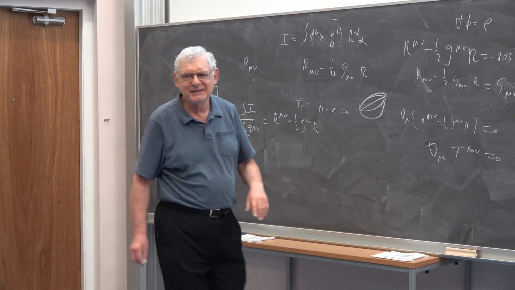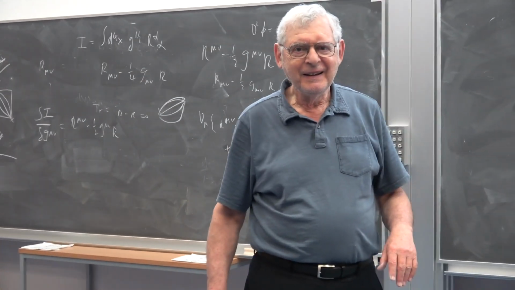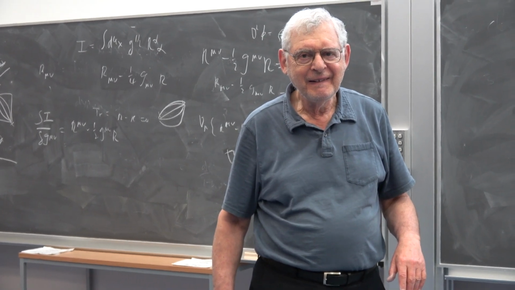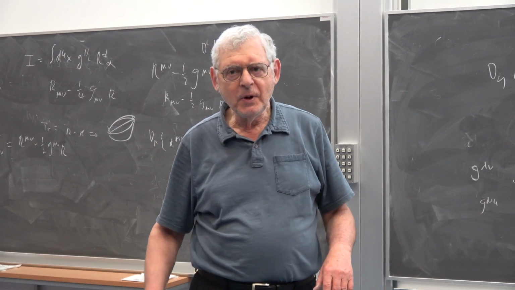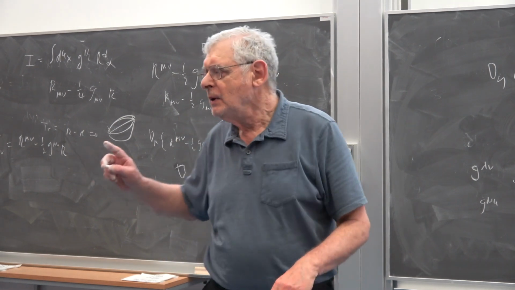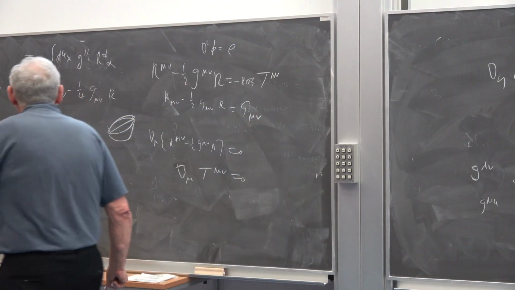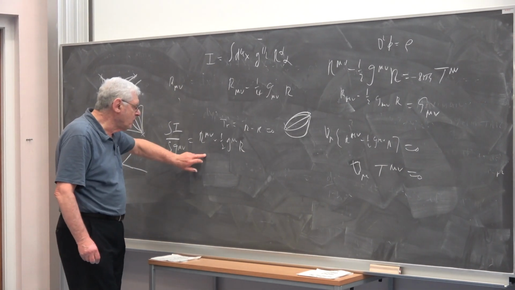Yes, sir? Is there a sensible way to construct a functional from which we would get, for example, the trace-free version? Yes. Okay. You can't get the trace. When you vary this with respect to the metric, there's actually a rule.